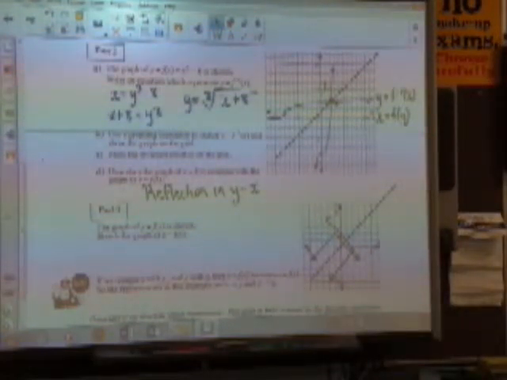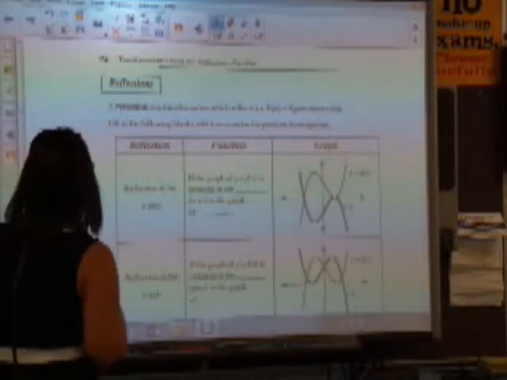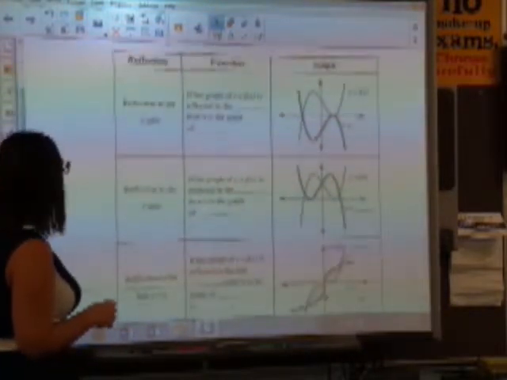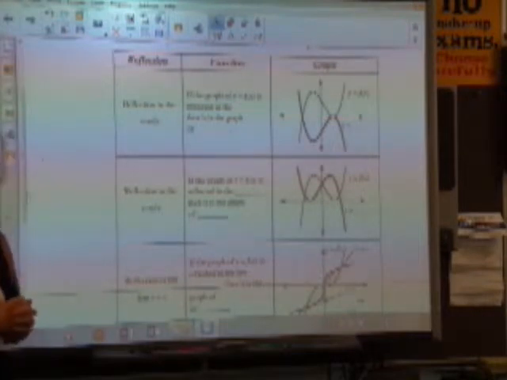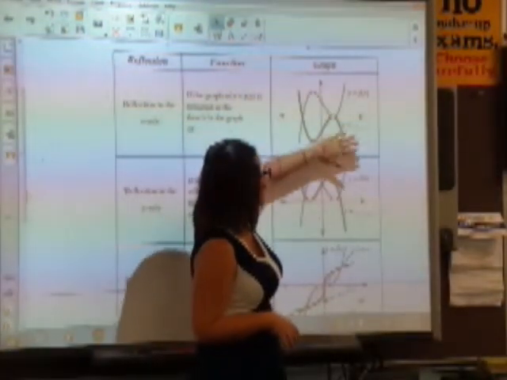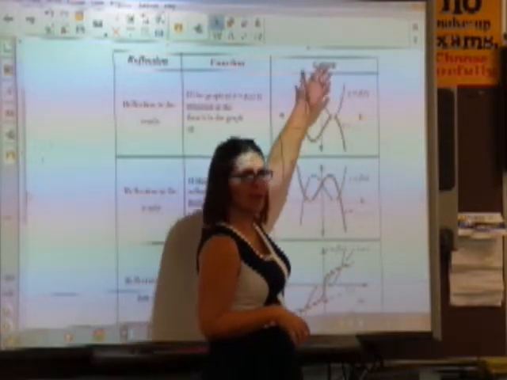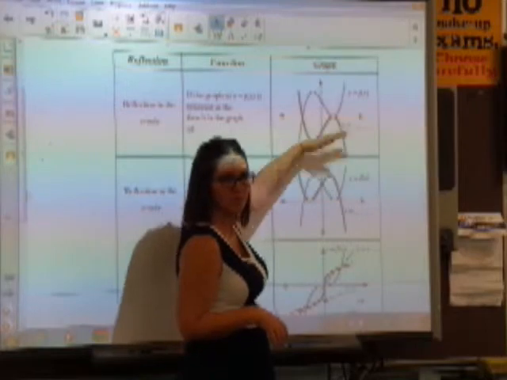So that brings us to the following page, which gives us a summary of these reflections. A reflection is a transformation that reflects or flips a figure about a line. So if we look at the first type of reflection, a reflection in the x-axis. If I'm reflecting things in the x-axis, which coordinates are being impacted? The x ones or the y ones?